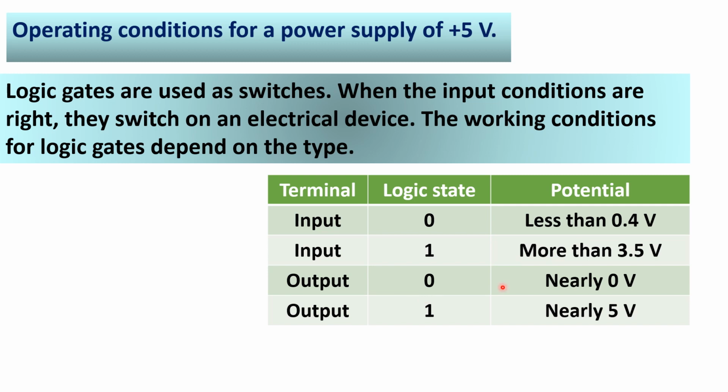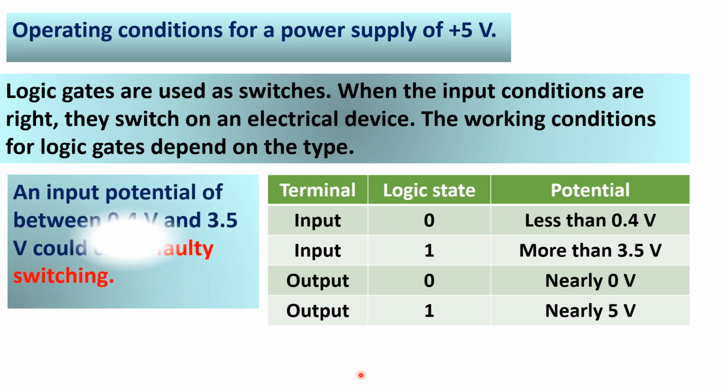For the output terminals, the logic gate is 0 if the potential is nearly equal to 0 volt, and it is at logic 1 if the potential is nearly equal to 5 volts. So we say an input potential of between 0.4 volts and 3.5 volts could cause what they call faulty switching.